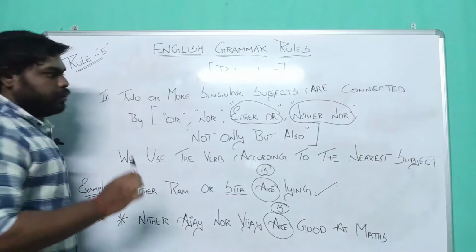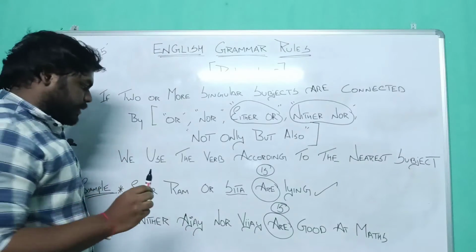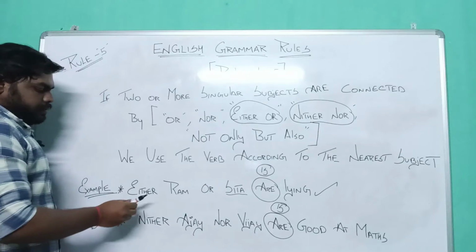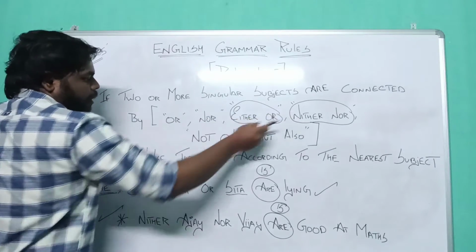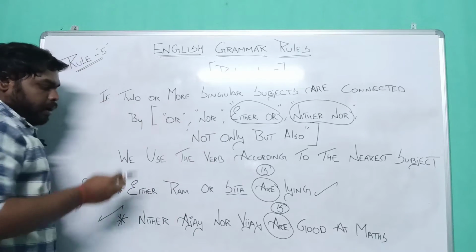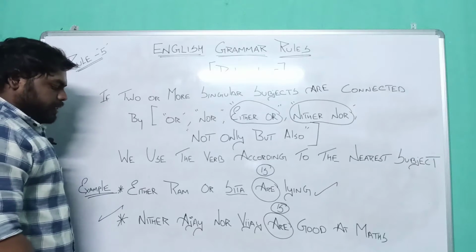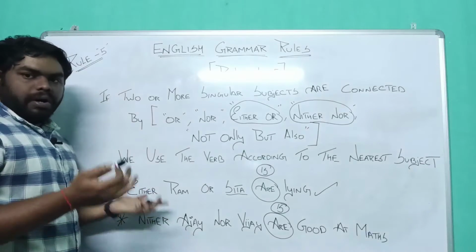This is according to rule number 5. But I will also give you a logical reason why we are using a singular verb here. Because or nor, either or, neither nor, not only but also are all talking about one person at a time. For example, either Ram or Sita.